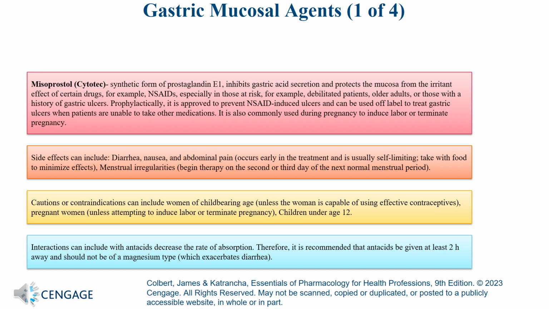Prophylactically, it is approved to prevent NSAID-induced ulcers and can be used off-label to treat gastric ulcers when patients are unable to take other medication. It is also commonly used during pregnancy to induce labor, or it can be used to terminate pregnancy.